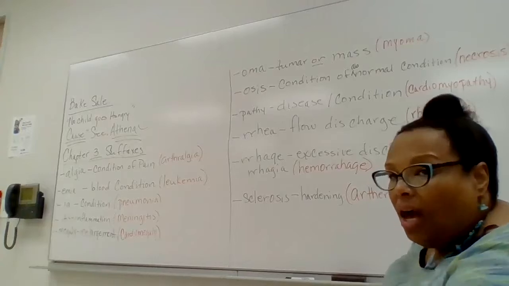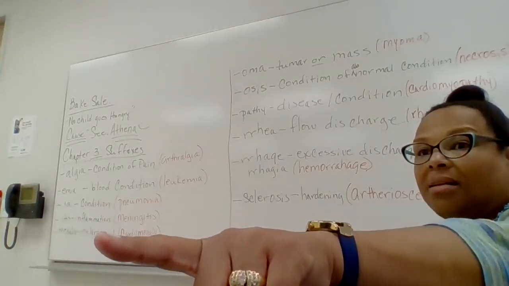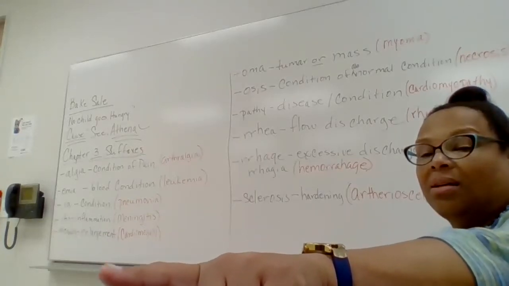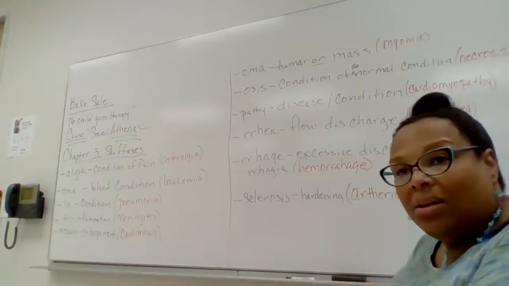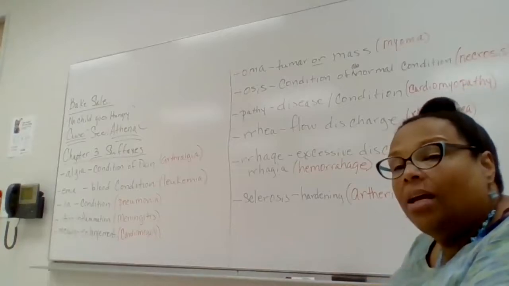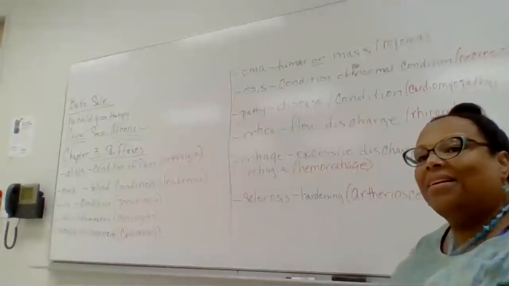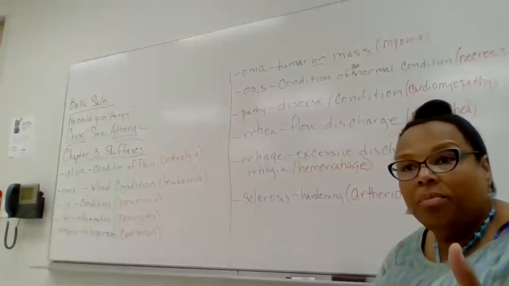Tumor or mass. Okay, so myoma is saying that this is a benign tumor. Myomas commonly occur in the uterus and are known as fibroids. Fibroids. Okay, very good. My also means muscle.